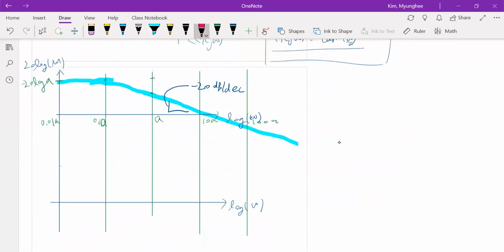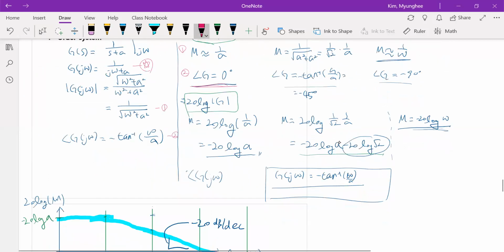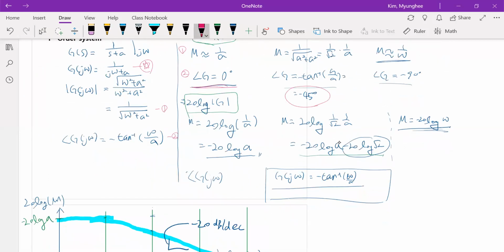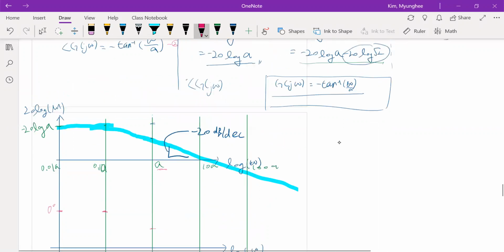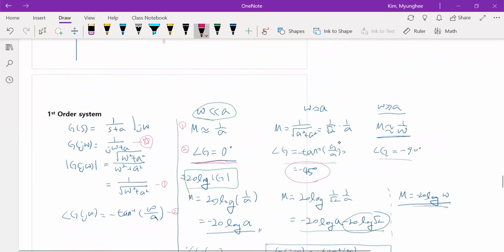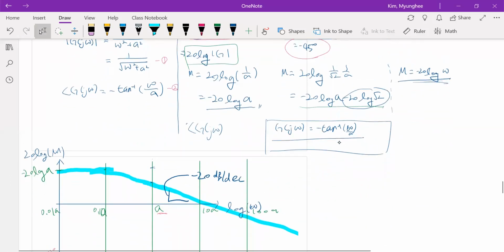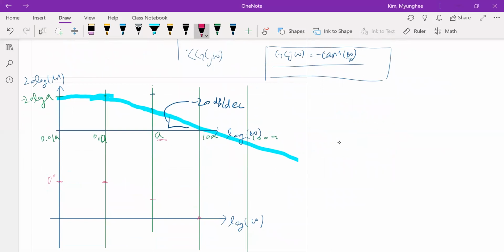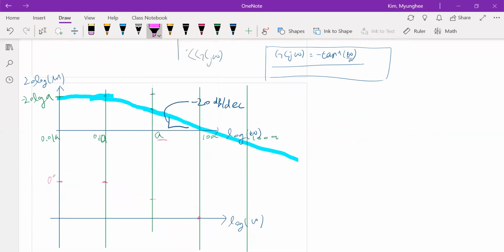So let's say this is 0. It will stay at 0 up to about this point. And then when omega is the same as a, it will be negative 45. And when omega is very large, it will be negative 90 about here, and it will stay there.